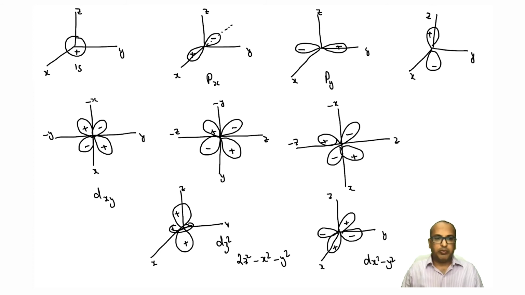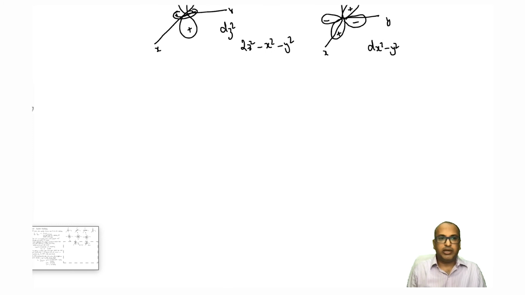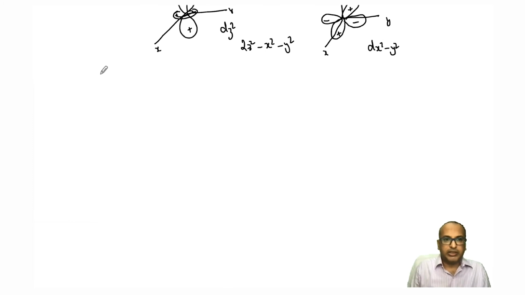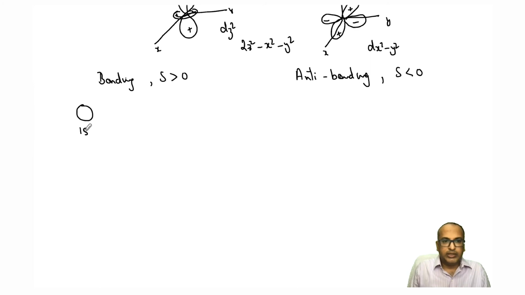So now that we know how this works, let us try to see different bonding interactions. Bonding, where S will be greater than 0. And then let's also look at the corresponding antibonding, where S is less than 0. Now let's say that our interaction is between 1s and 2pz.